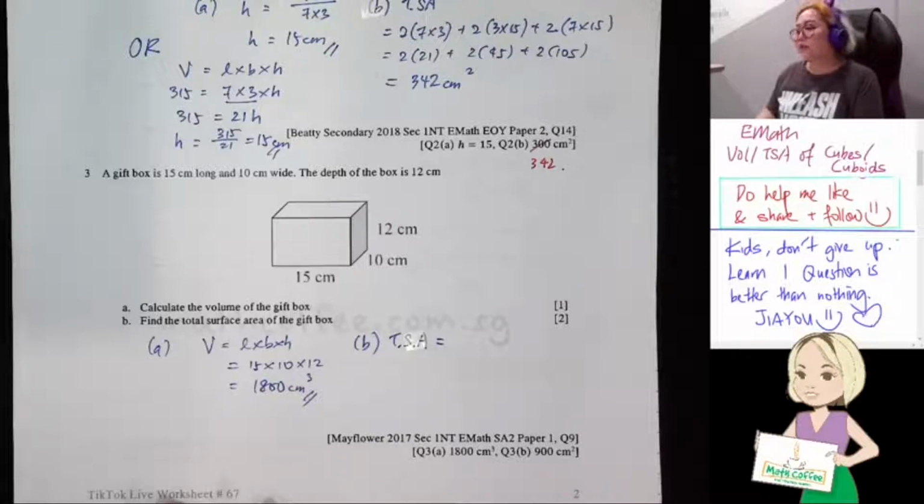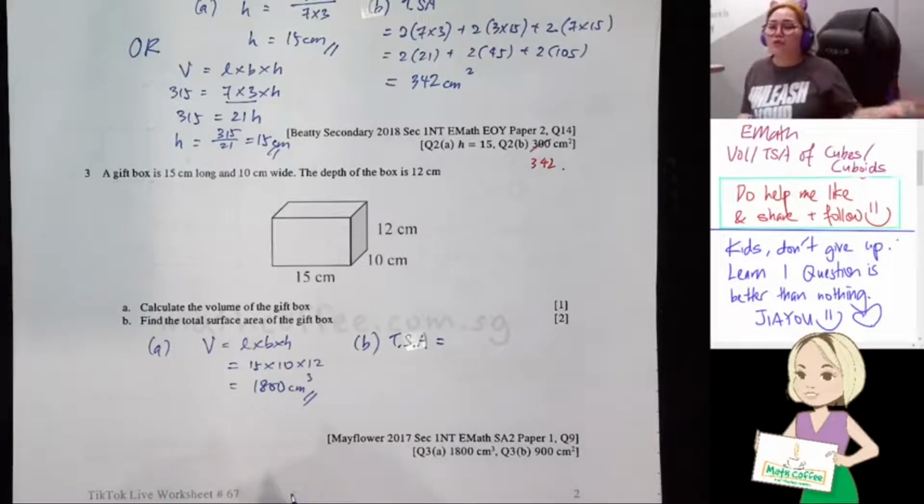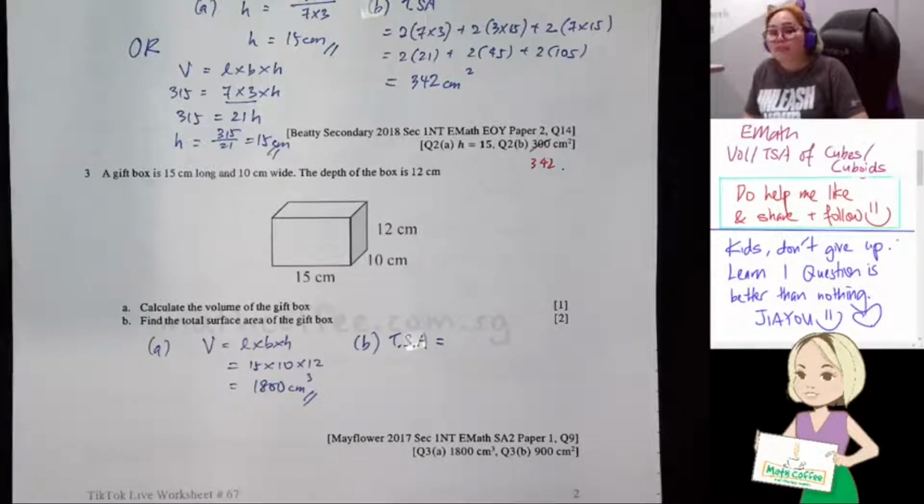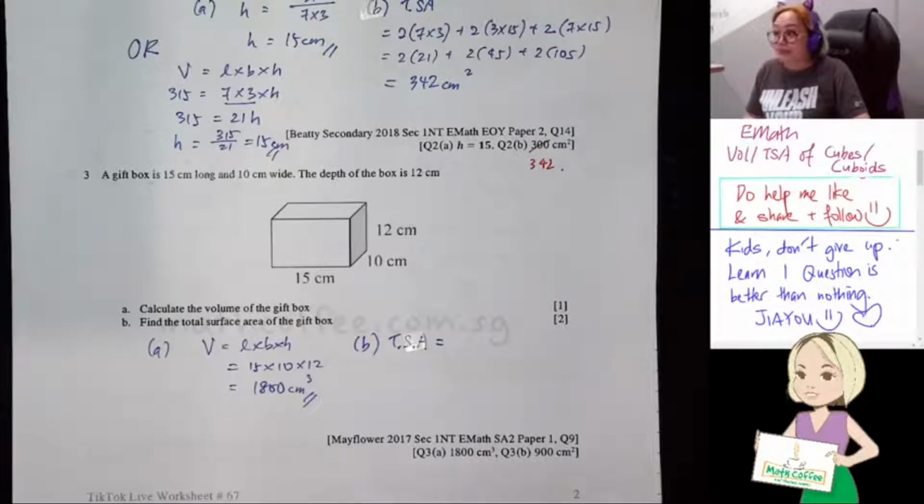Usually for express students, I teach them to use the prism formula, which is the perimeter of base times height plus 2 base area, because that works for all prisms, and a cuboid is also a prism. But for now, we shall start slow, so we shall do the manual way.